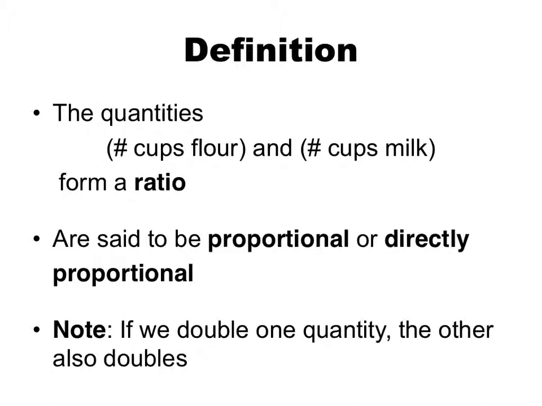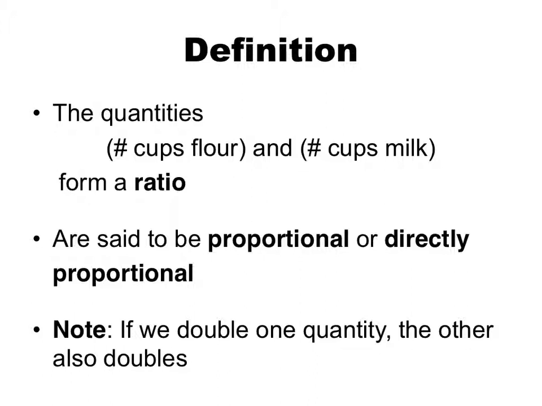Now let's take a step back and make an observation here. So these quantities, cups of flour and cups of milk, form a ratio. Now back in 7.1 we gave that ratio kind of a different name. We also said that those quantities are proportional, or also called directly proportional. These terms, proportional and directly proportional, we'll use synonymous with this term ratio.